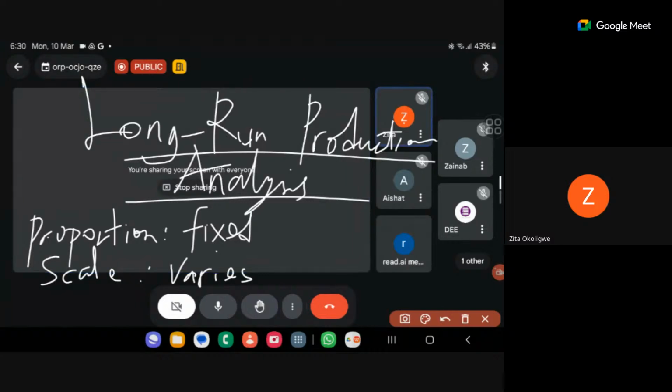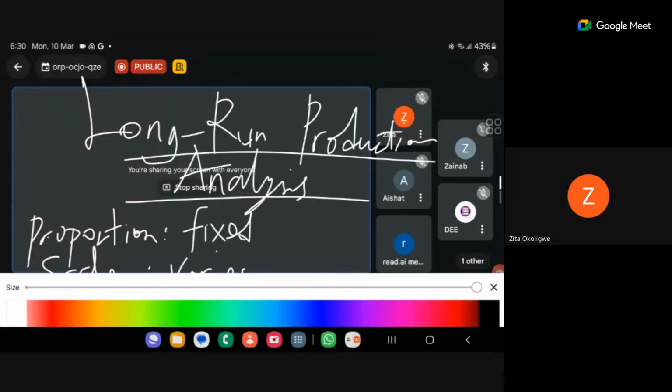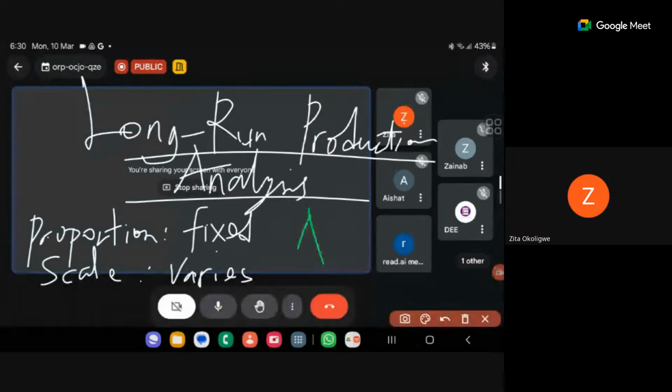Okay, now let's look at an example. You can jot it somewhere that in the long run, something we talk about very often is that all inputs are variable.